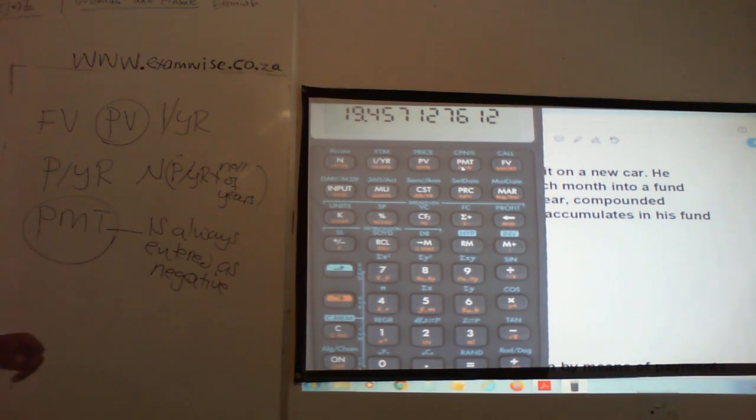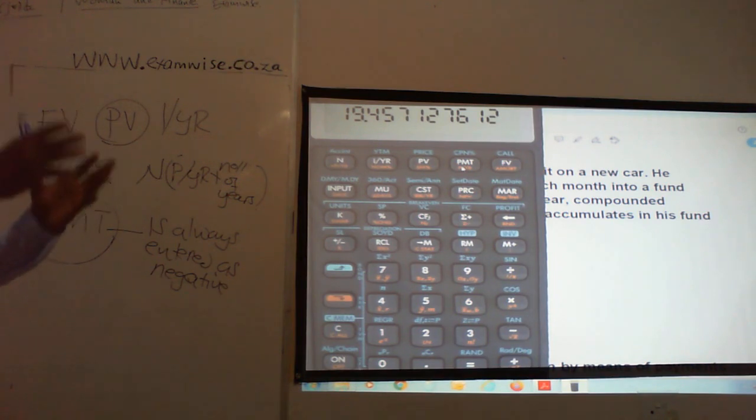But if we have present value and PMT in the same calculation, as our variables to calculate the missing variable, we will enter PMT as positive.